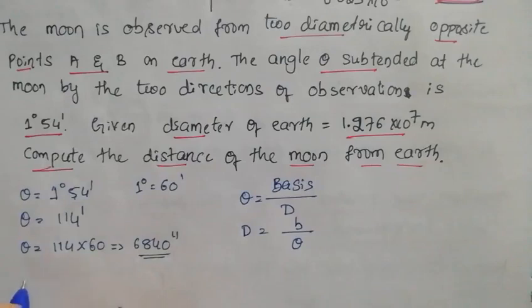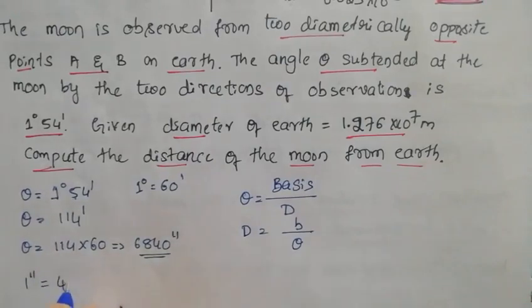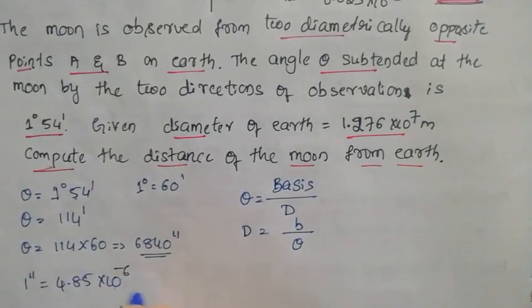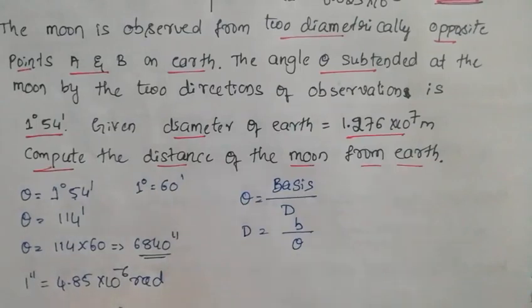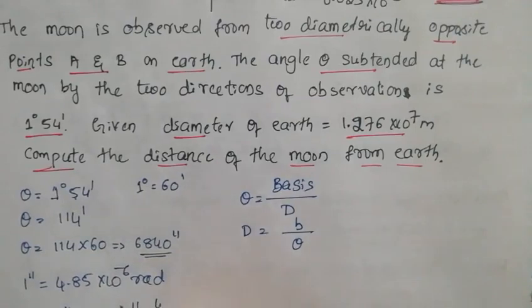We know 1 second is almost 4.85 into 10 power minus 6 radian. Then 6840 seconds equals 6840 seconds into 4.85 into 10 power minus 6 radian per second.